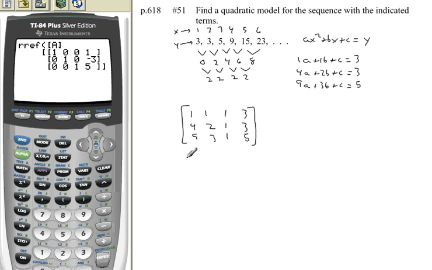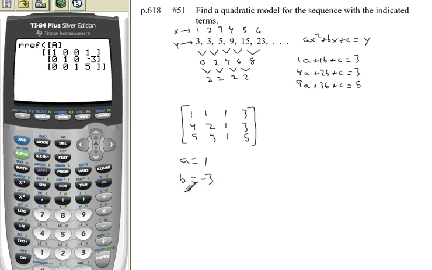That tells me that A is equal to 1, B is equal to -3, and C is equal to 5. So my equation is y equals, A is 1, so I'll plug that in, 1x squared. B is -3, so I'll say minus 3x plus 5.